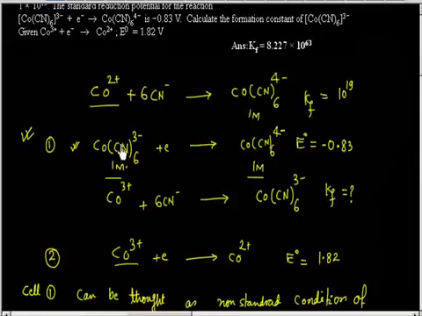From these two equilibria I have to consider the Co2+ and Co3+, and then you have to add these two here because this is a non-standard condition of this cell. So first you realize this cell number 1 is a non-standard condition of cell number 2, and then you find the concentration of Co2+ and Co3+, E degree can equate, and then you will get the answer. So this is a quite good problem.